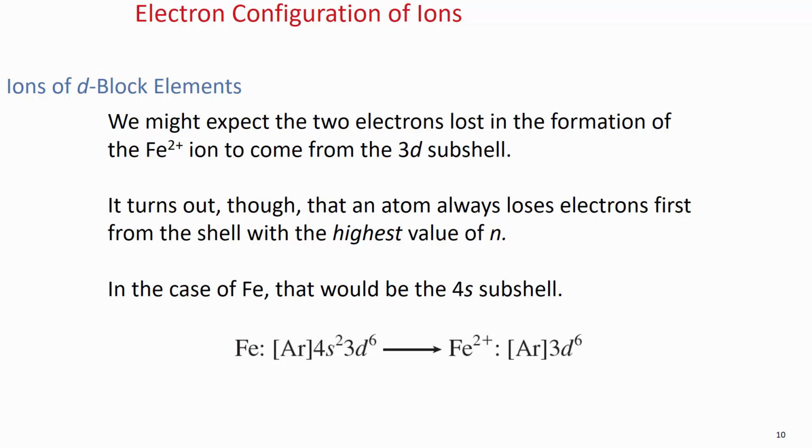All right, this is the one that causes students the most trouble, and I really want you to focus on this one because I find most students miss this even after talking about it, and it's really important that you understand what happens in ion formation in the D block.